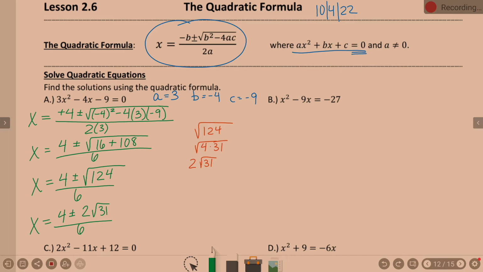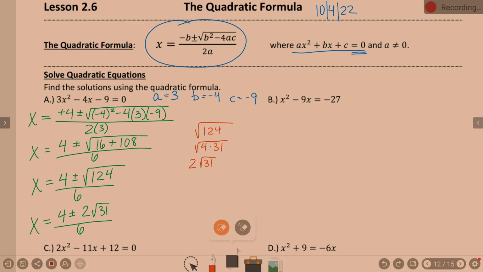I have 3 terms there. What do you notice about all 3 terms? They're all positive. They're all even, which means they could all divide by 2. 4 can divide by 2. The 2 outside here can divide by 2. And 6 can divide by 2, yes? So we're going to reduce these all by a factor of 2.